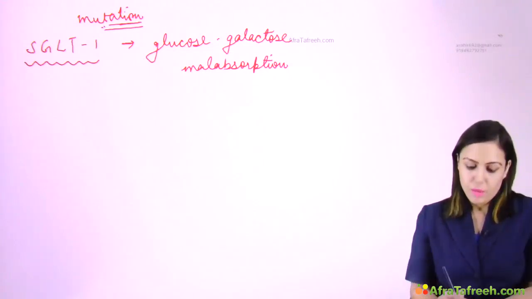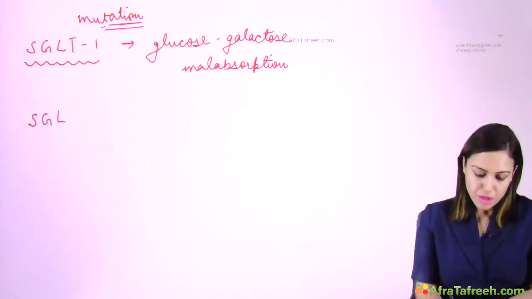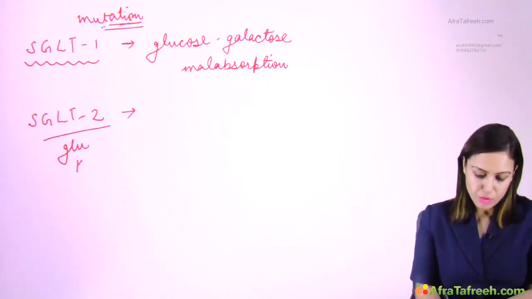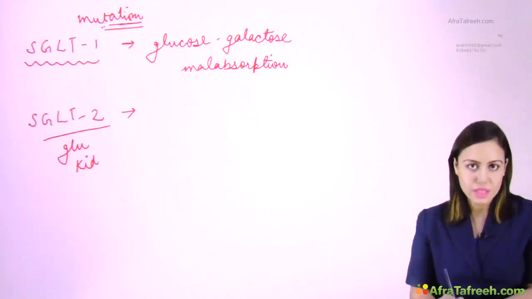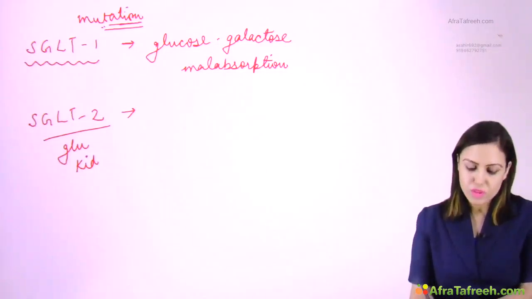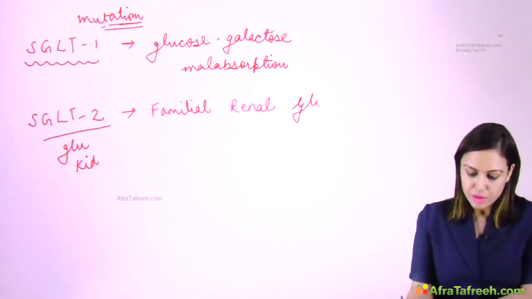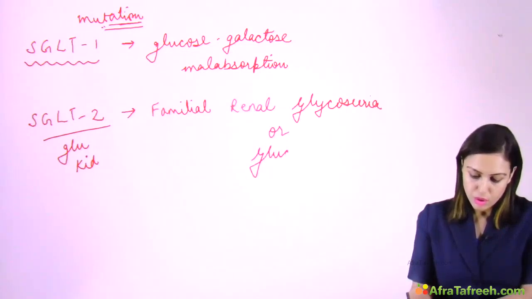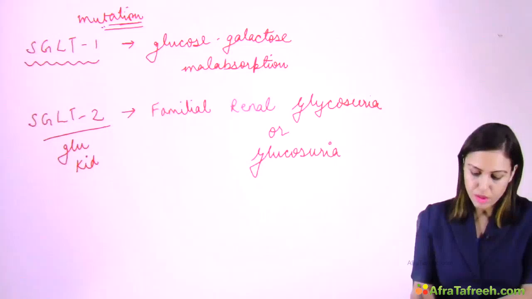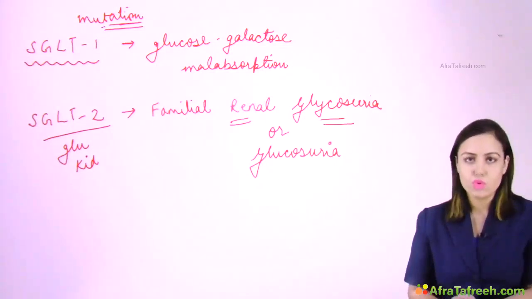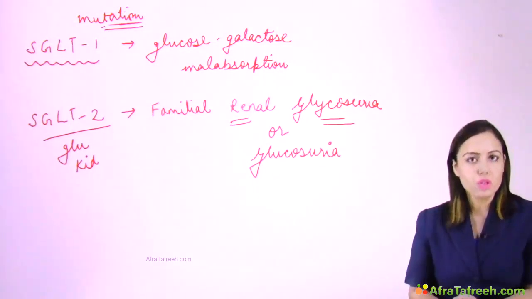Okay, then SGLT2 is only for glucose, present only in kidneys. So mutation of SGLT2 leads to familial renal glycosuria or glucosuria. Okay, kidneys are affected. This is glucose coming in urine, so called familial renal glycosuria.